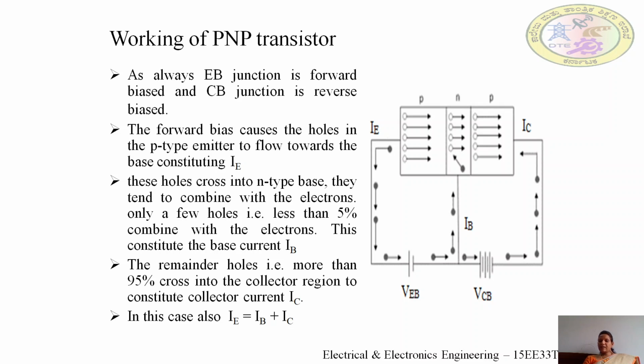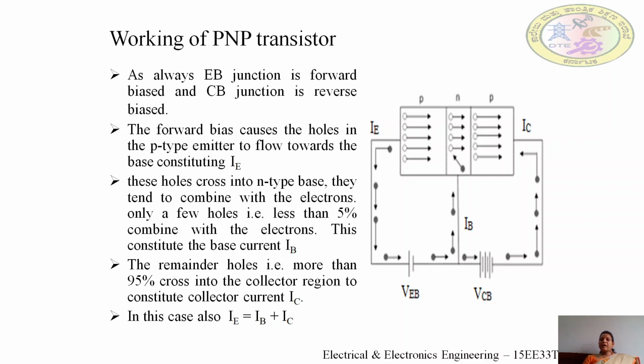You can notice in the figure that the positive terminal of the battery VEB, the emitter base junction bias, is connected to the emitter terminal, that is the P-type terminal. Similarly, for the reverse biased VCB, the negative terminal is connected to the P-type collector. So your EB junction is forward biased, whereas the collector base junction is reverse biased.